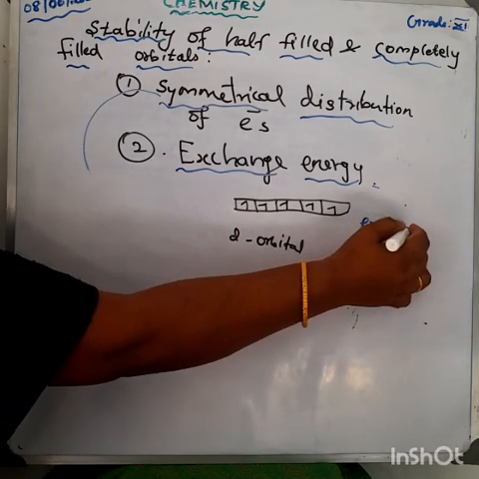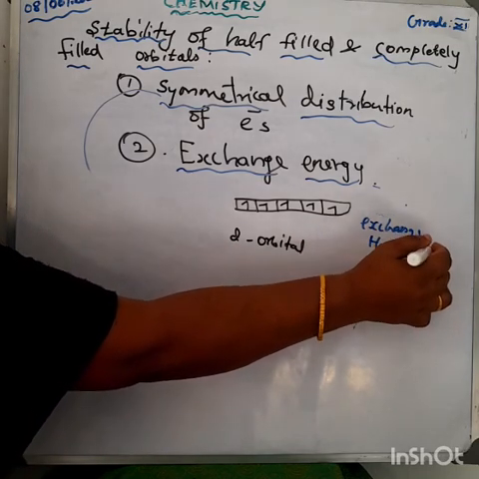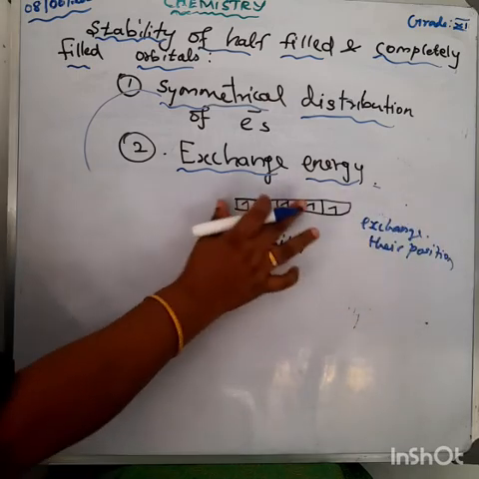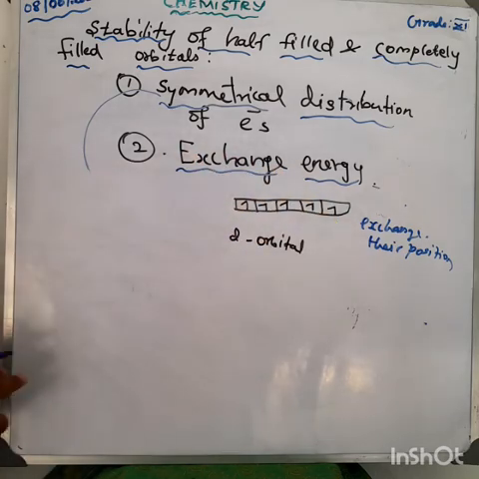This is the half-filled d orbital; within these orbitals, the electrons can exchange their position.